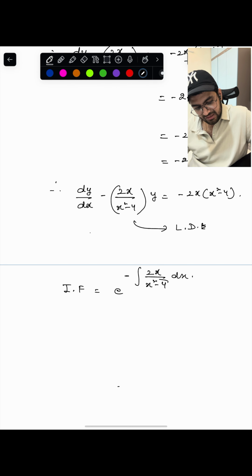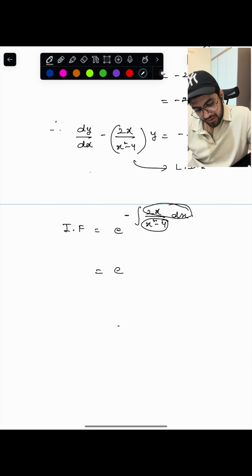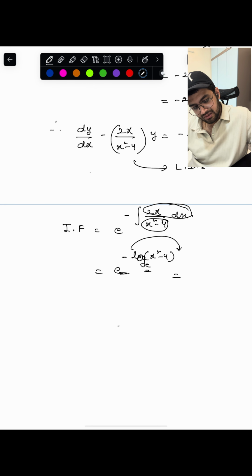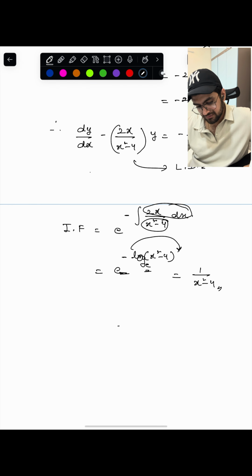If this is t, this is clearly dt. So e power minus ln of (x² − 4). Since ln means log to the base e, you can write 1/(x² − 4) as our integrating factor.